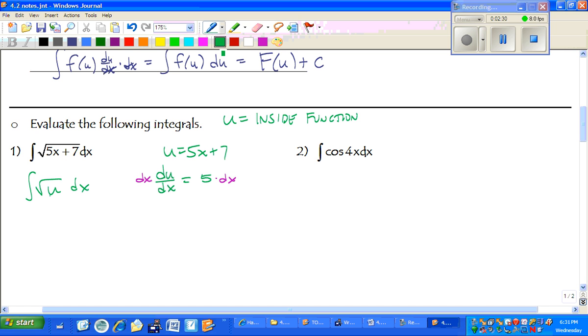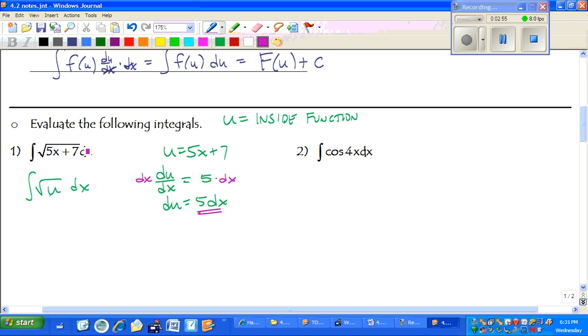So du equals 5 dx. Now our goal is to write this whole integral in terms of u, so basically we need to have a du at the end instead of dx. Well, this is the key to doing that. Right here it says that 5 times dx is going to be equal to du.